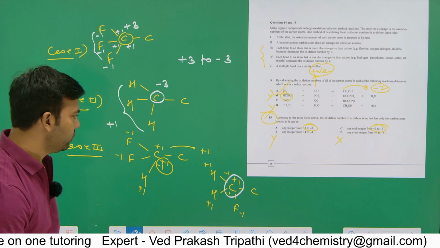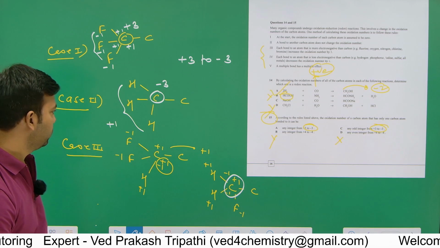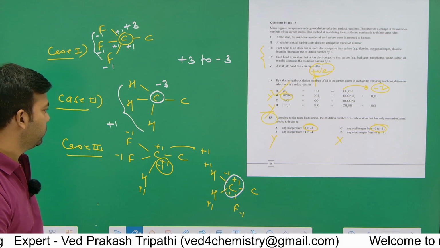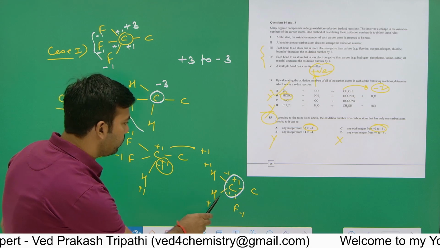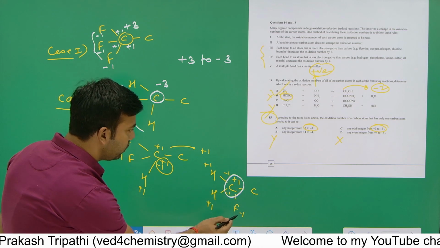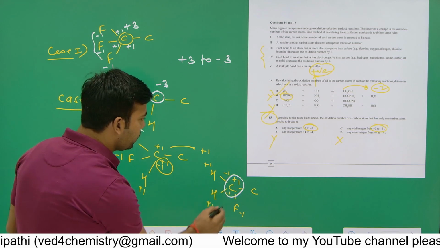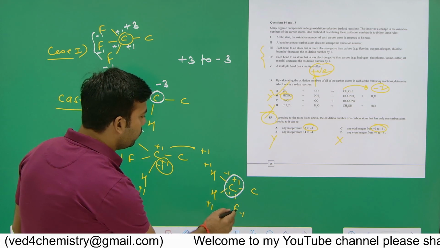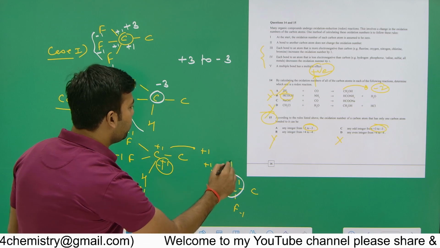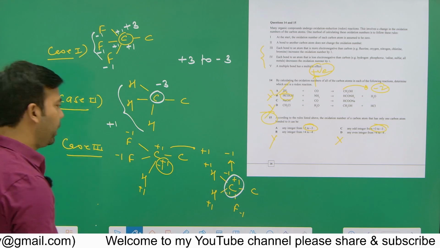Wait. So +1 -1, +1 -1, and this -1 is a +1. Yes, so +1 -1 cancel out. So you have only -1 left. Clear? Make sense?